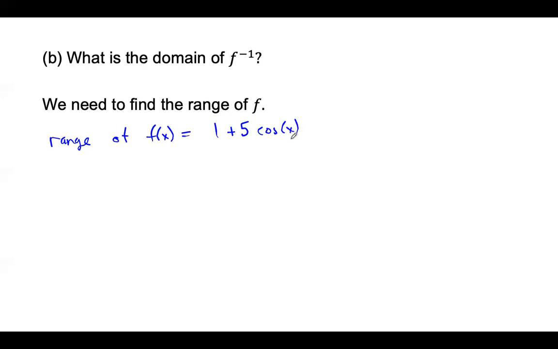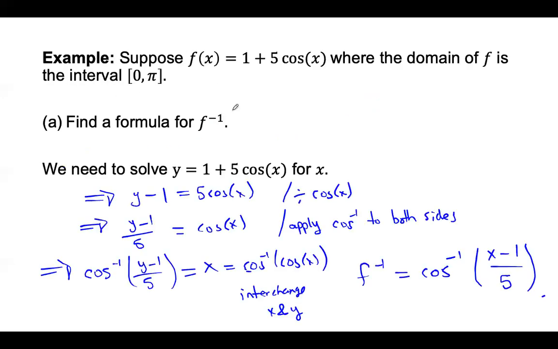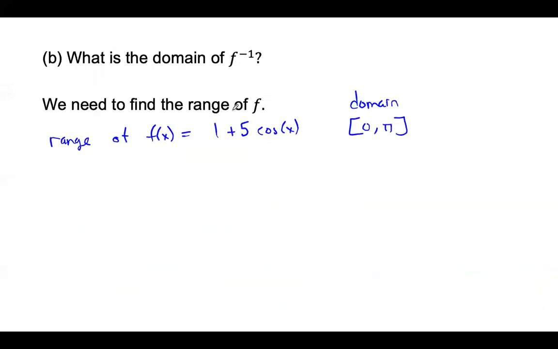And we remember our domain here was 0 to pi, because that was given in the question. So I'm just writing it down. We're trying to find the range of this function first. So we could draw a little sketch, just remembering what the cos of x graph looks like.